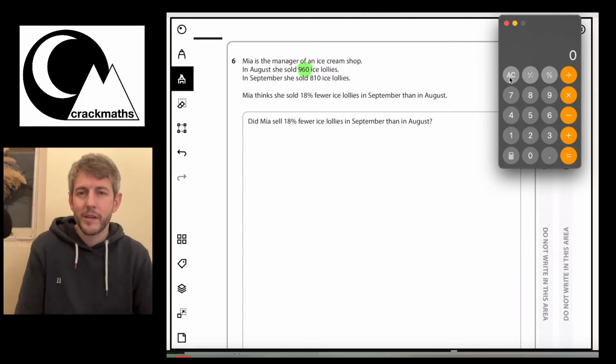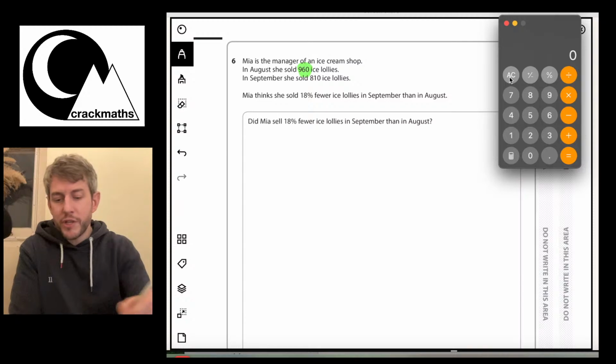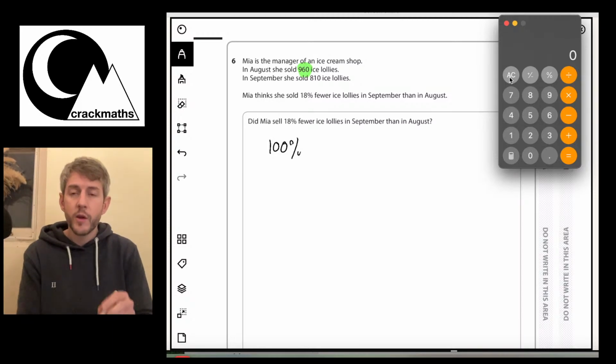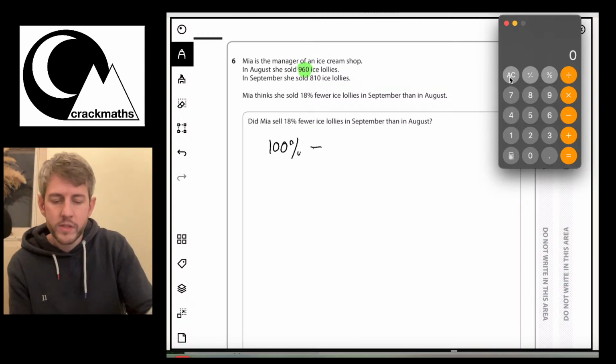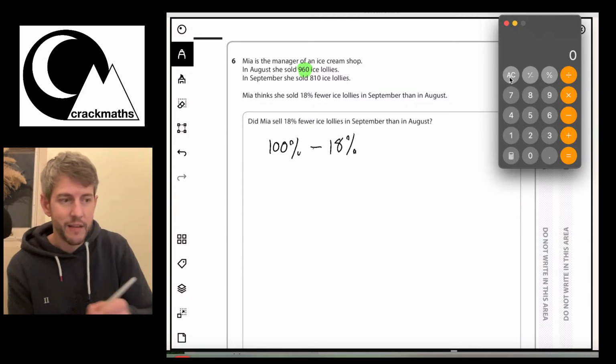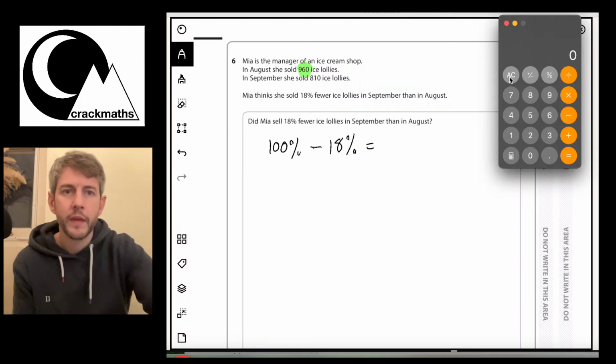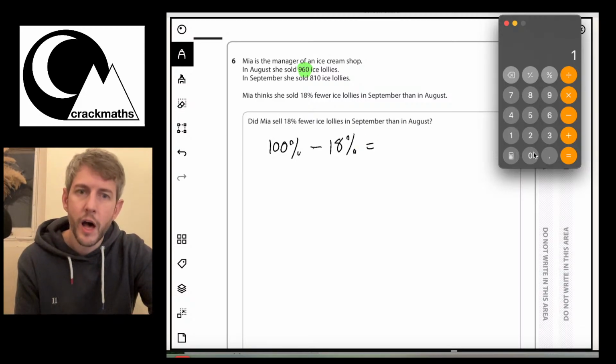September. So remember, if we're reducing something by a percentage, we always start out with 100%. So if I have 100% and I want to reduce it by 18%, to find out what an 18% reduction would be, well, let's do this on the calculator, 100 take away 18.